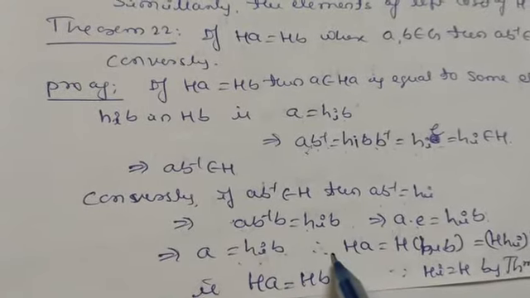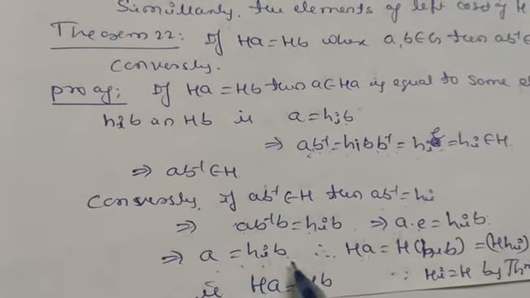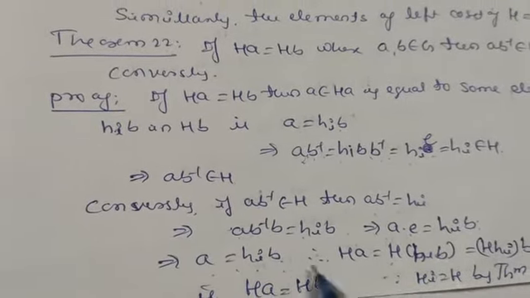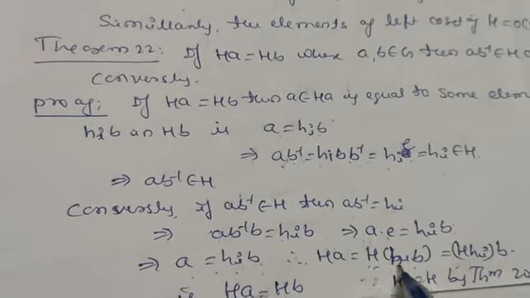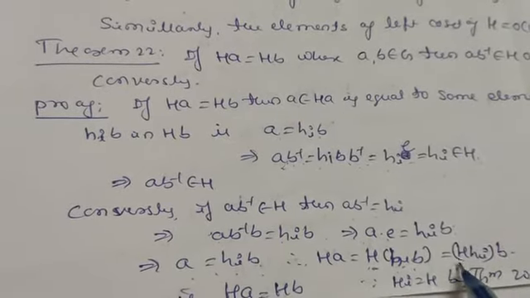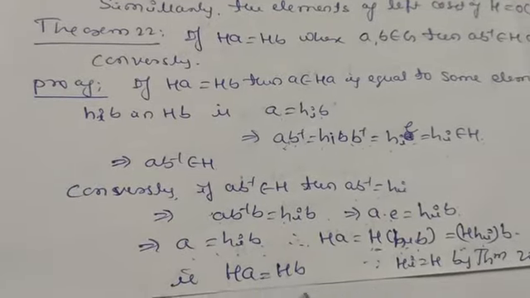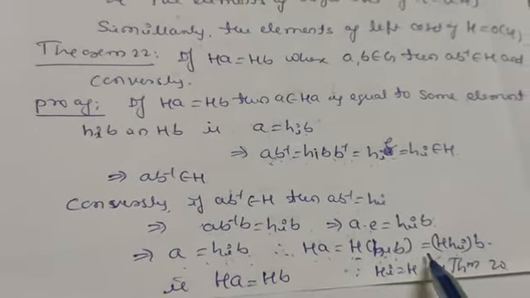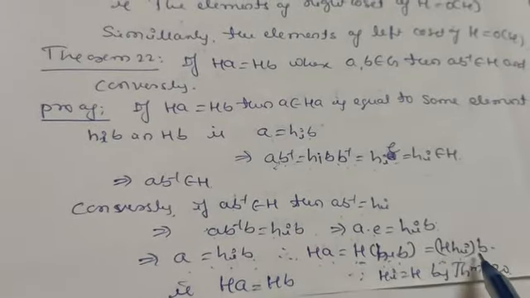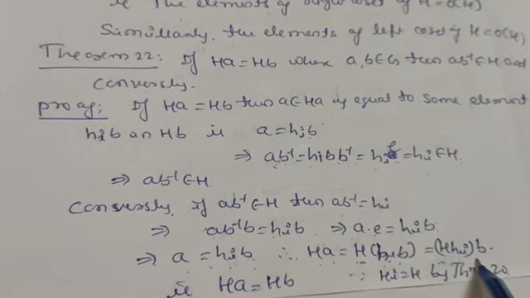Therefore, taking H on both sides, H into a is equal to H into hi into b. Let us make a group of this to apply the associative law: H into hi into b as it is. This implies Ha is equal to H into b, because H into hi is equal to H. This we have seen here.